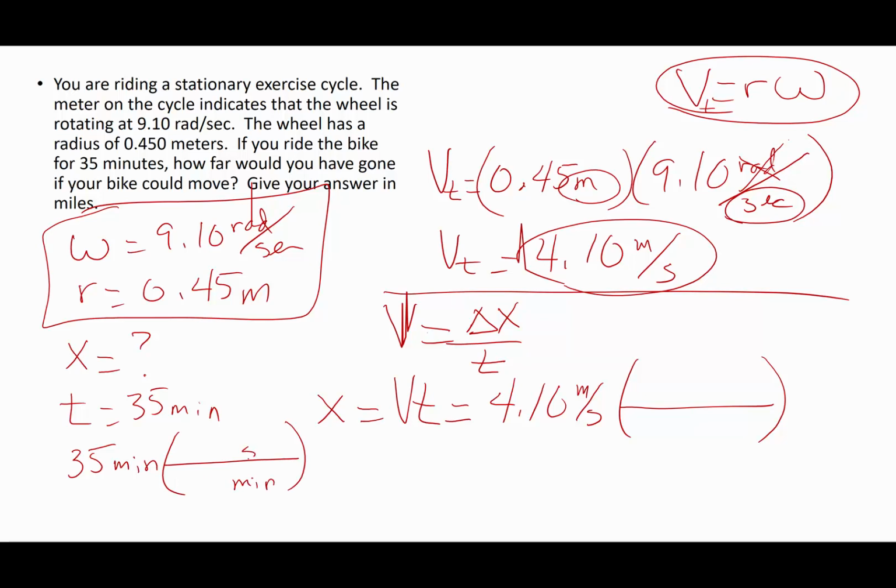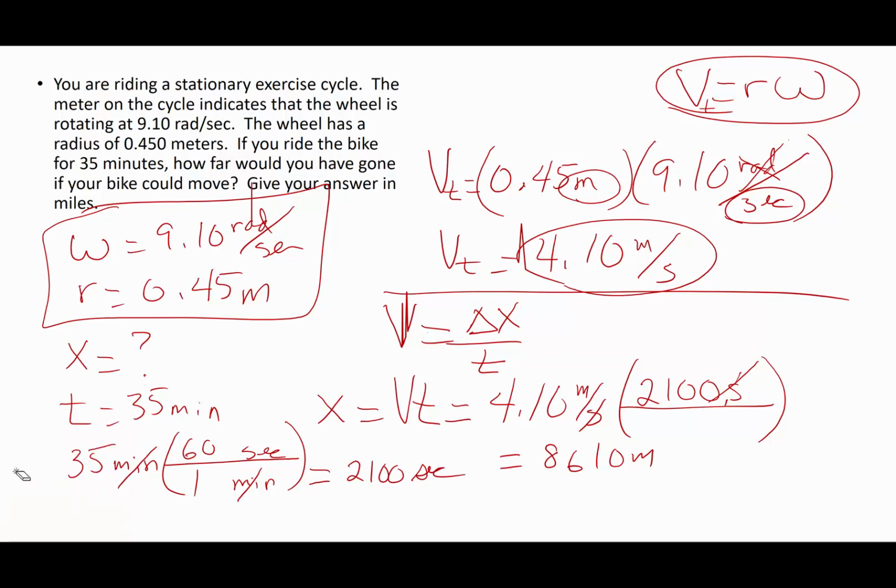Get rid of minutes, keep seconds, 60 seconds in 1 minute. So how much time is that? 2,100 seconds. So times 2,100 seconds. Seconds will cancel seconds. The distance is going to be 8,610 meters. And it says they want to know what this answer is in miles.